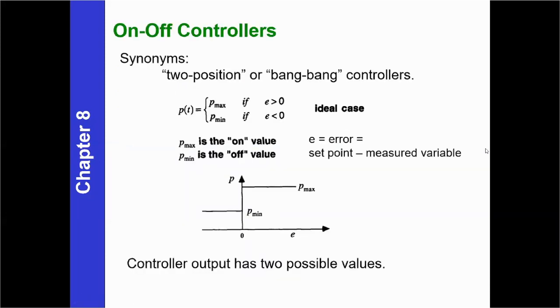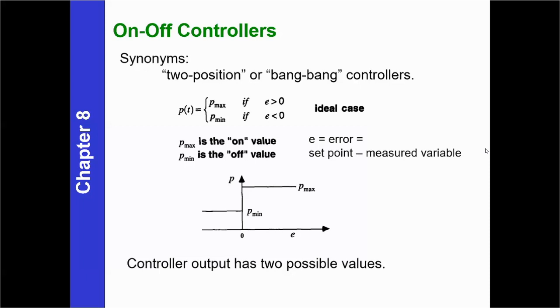If you look in more detail at on-off controllers, normally the on-off controller has synonyms: two-position or bang-bang controllers. Whether it's at the maximum or at the minimum, when it's maximum, we're talking about when it's on, and the minimum is off.